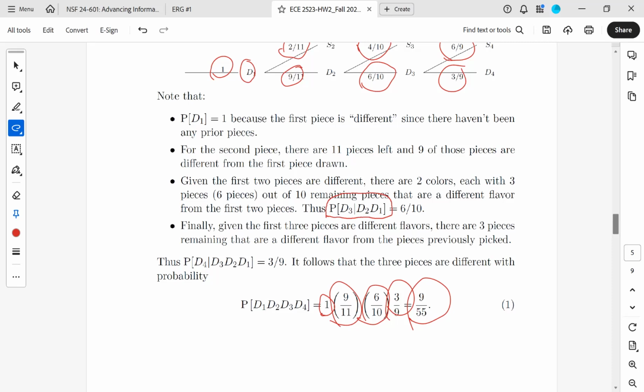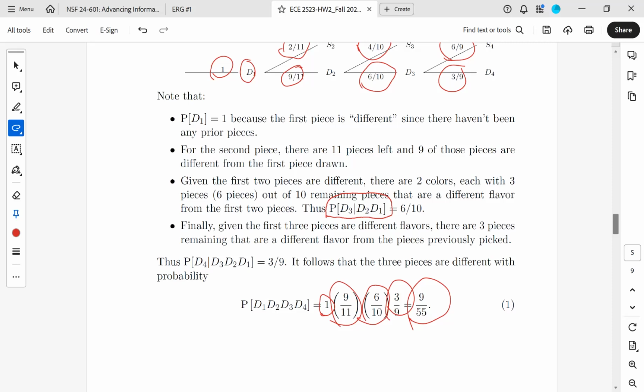This means that we pick a different flavor for the third draw, considering that the first 2 are already picked in a different flavor.